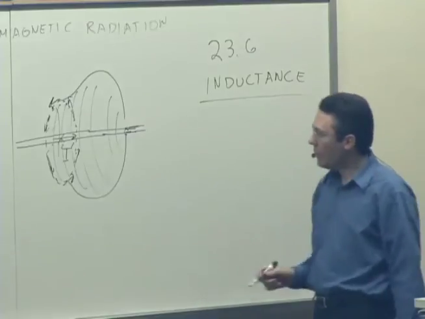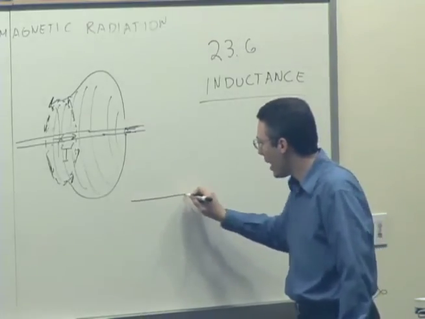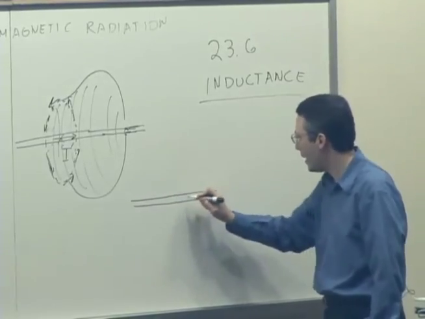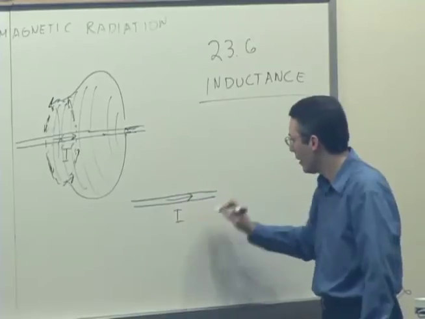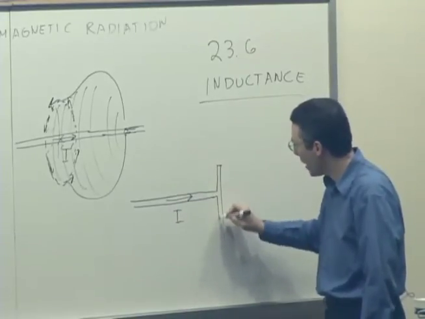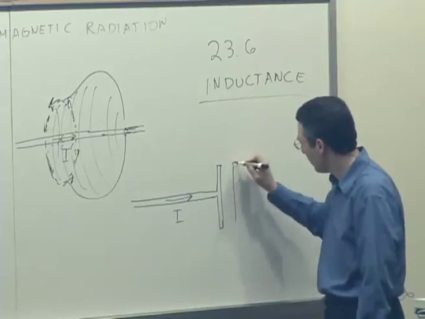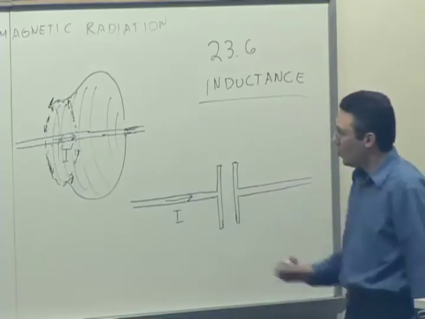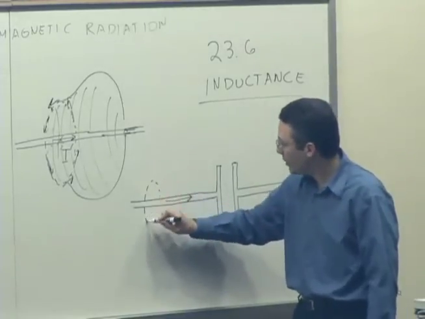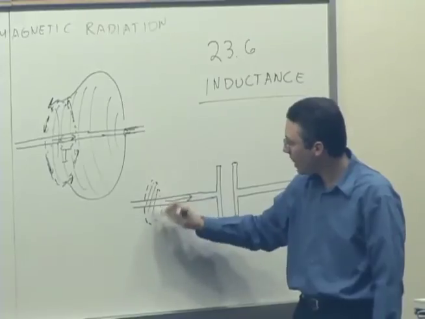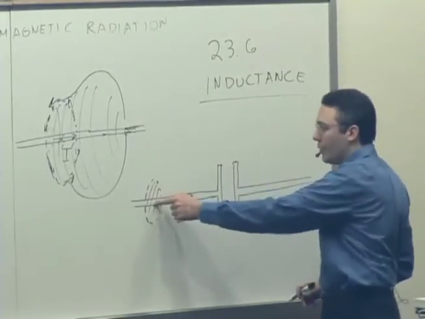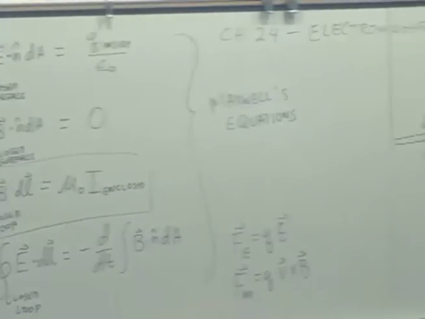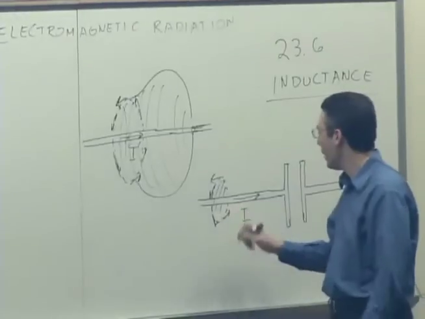But there's a problem if you have a situation like this. Let's say we have a current and a capacitor, so a parallel plate capacitor. Well, I draw my loop around this current, and again, if I think about that surface, there's going to be current piercing through this surface, so I definitely have an I enclosed, and I'm definitely going to get a magnetic field going around that loop.